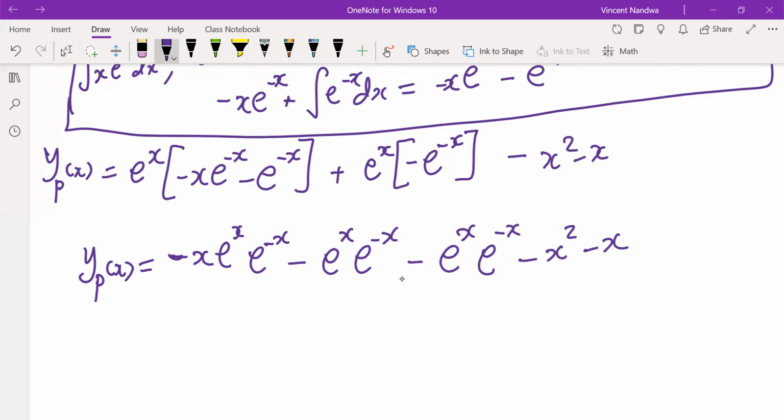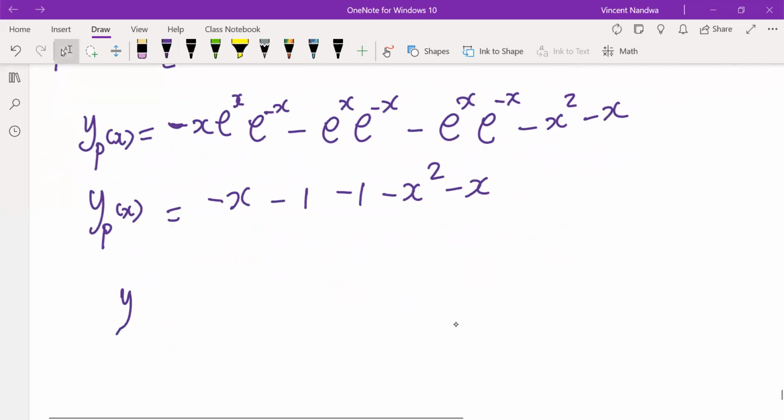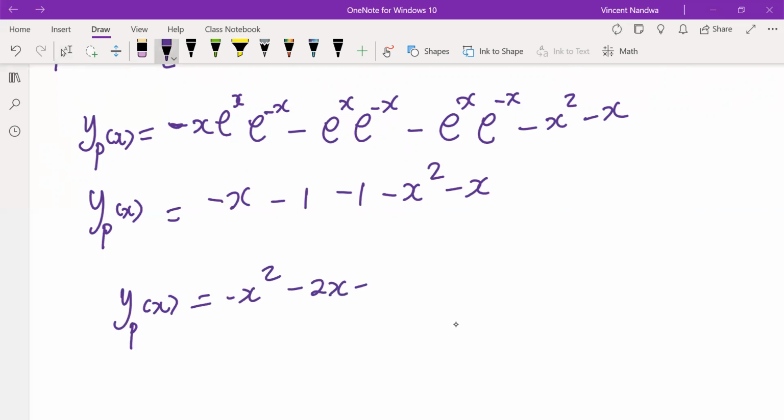So this will give us negative x minus 1 minus 1, and then minus x squared minus x. So which will give us yp of x equals negative x squared. This and this will give us minus 2x. This and this will be minus 2. So this is the particular solution.